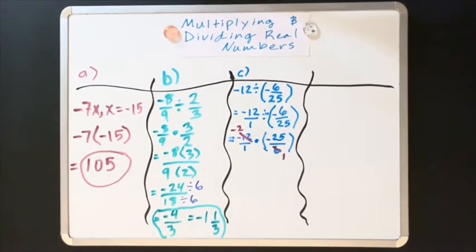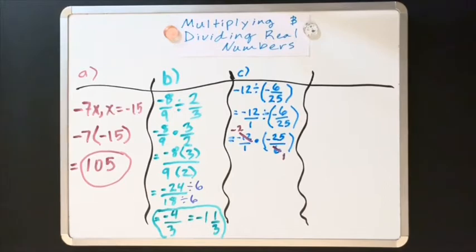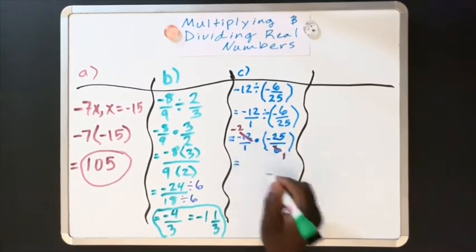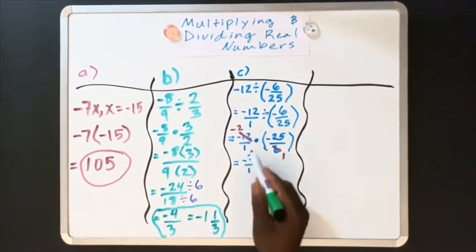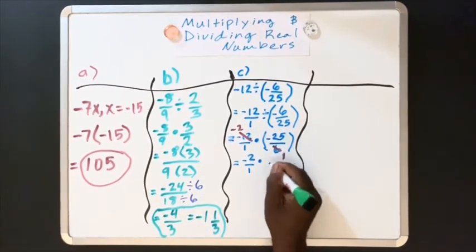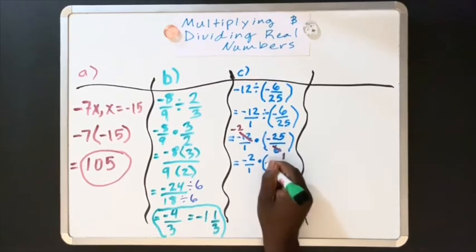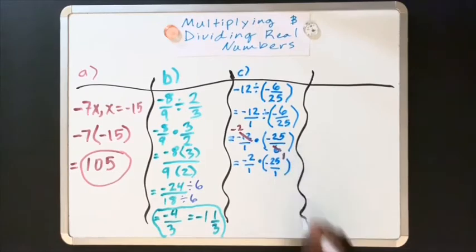That's a shortcut. We could have multiplied negative 12 times negative 25, and that just would have been a lot of multiplying. But this is a shortcut I'm showing you here. So now let's rewrite this expression. Here we have negative 2 over 1 times negative 25 over 1.